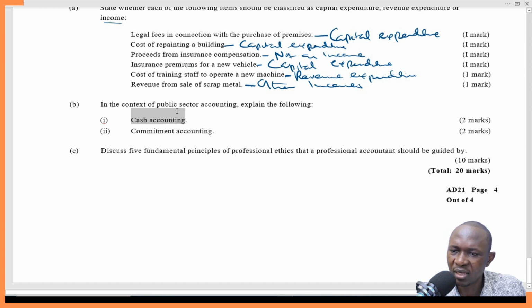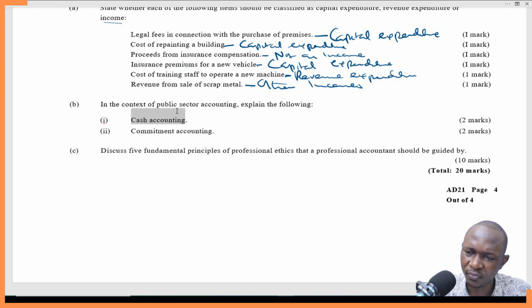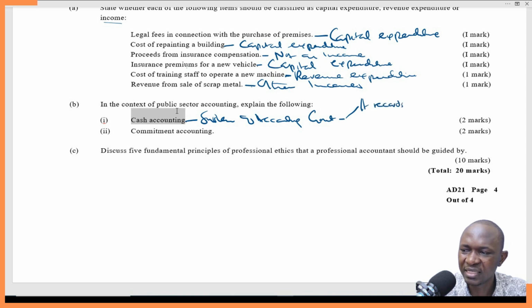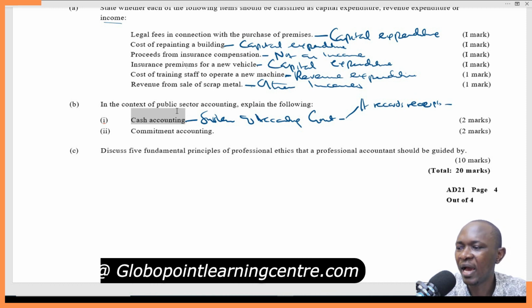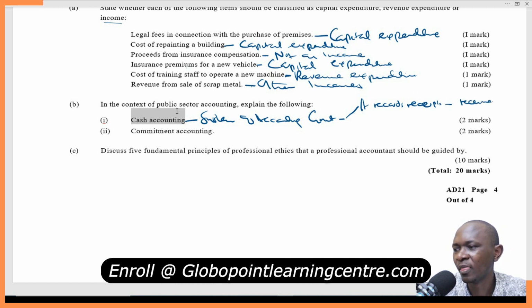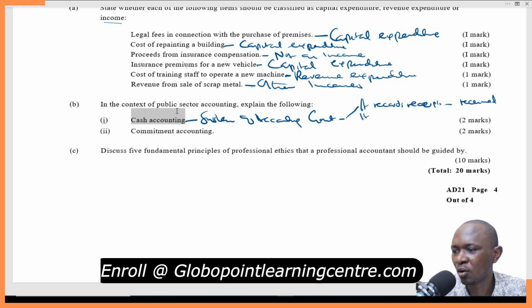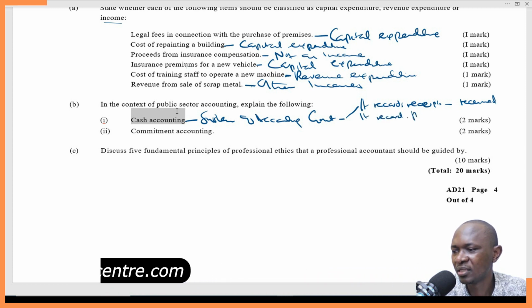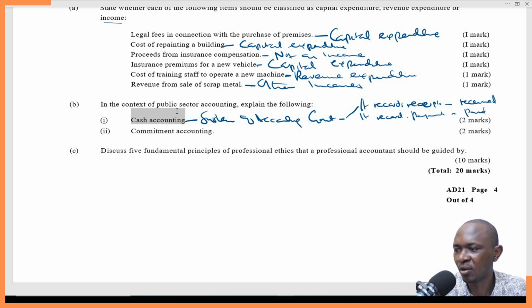Then number 2, in the context of public sector accounting, explain the following. Cash accounting. Cash accounting is a system of accounting majorly used by the government, and it recognizes receipts when they are actually received, and it also records payments when they are actually paid.